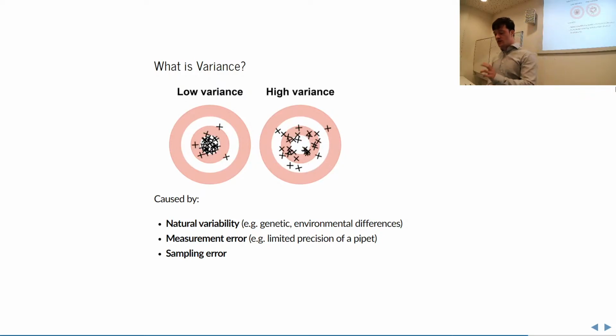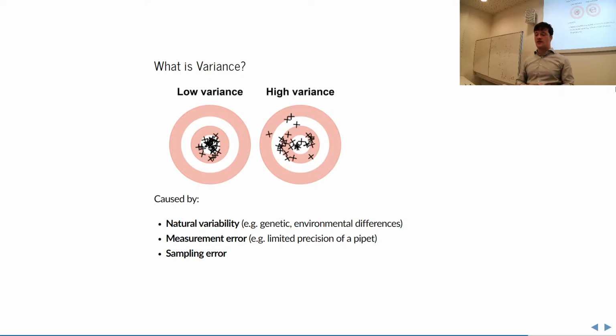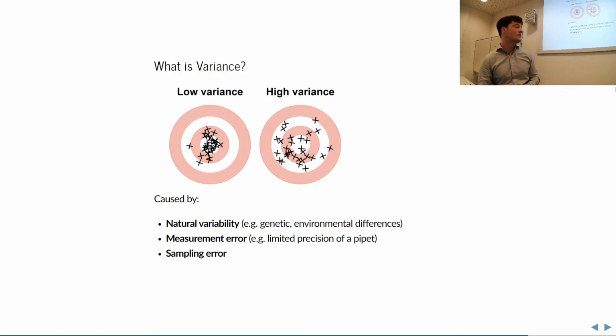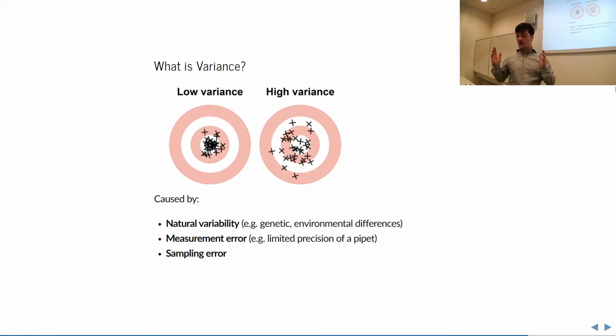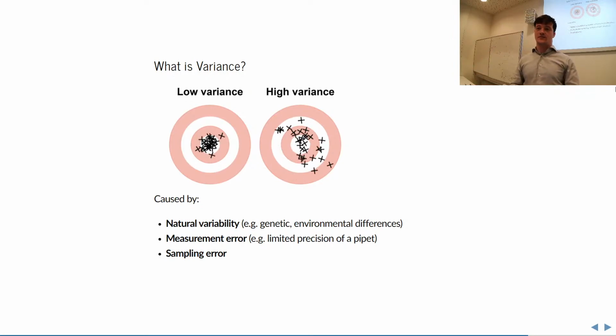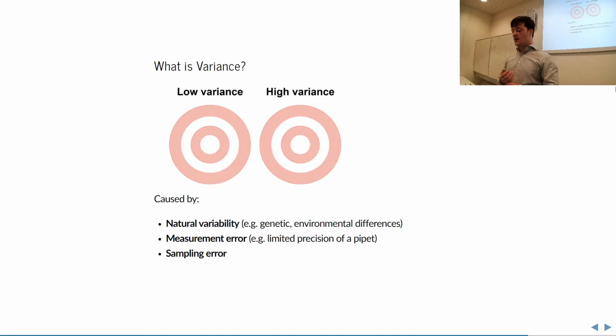Okay, what is causing variance? There's a natural variability to any process. There are small genetic differences between individuals, environmental differences, background radiation. However small it is, there are many things that we either do not or cannot measure, and things that we cannot measure with infinite precision. So there's also measurement error because of that.